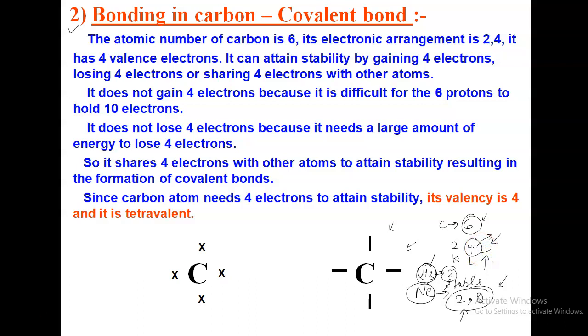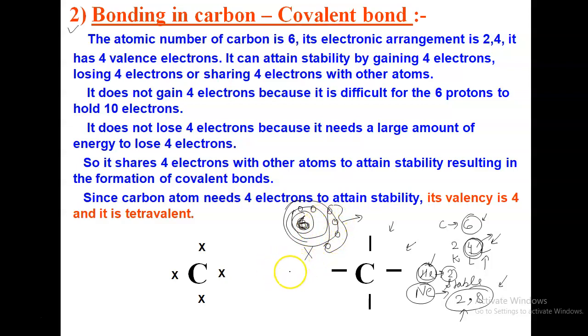Carbon has 6 protons in the nucleus and 6 electrons revolving around: 2 electrons here and 4 electrons here. Carbon says, if you donate all 4 electrons from my outermost shell, I'll become highly unstable, because for stability it needs 4 more electrons.